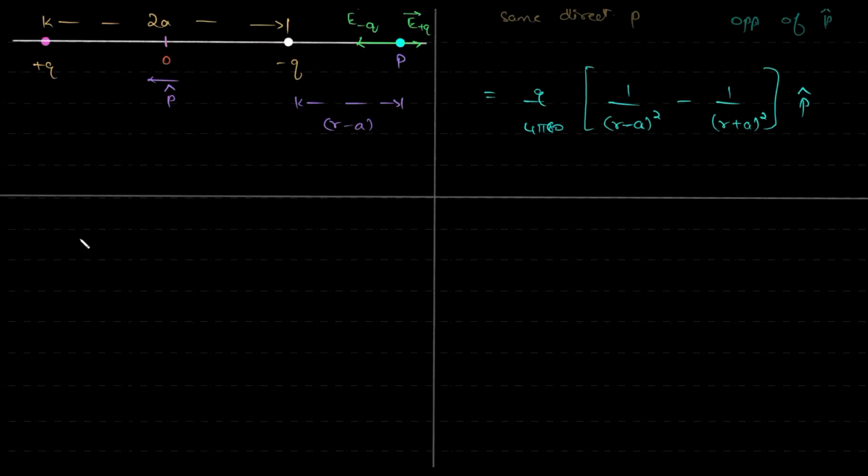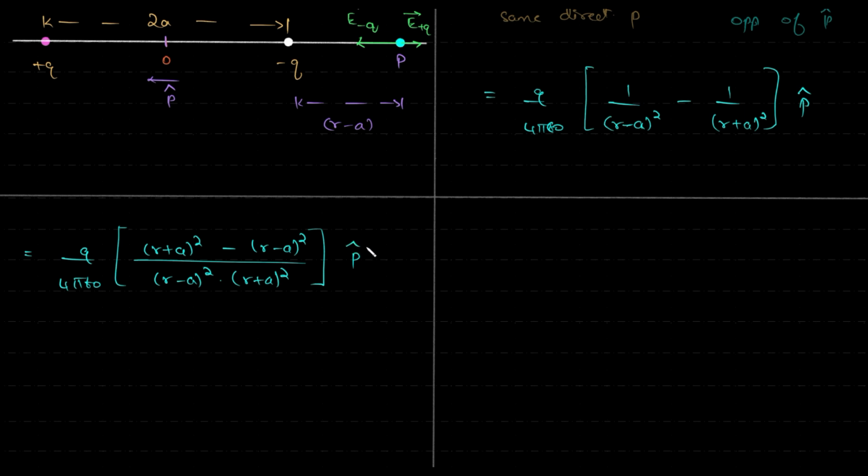Taking the LCM, here it will be r plus a the whole square minus r minus a the whole square, the entire thing divided by r minus a the whole square into r plus a the whole square, p cap.